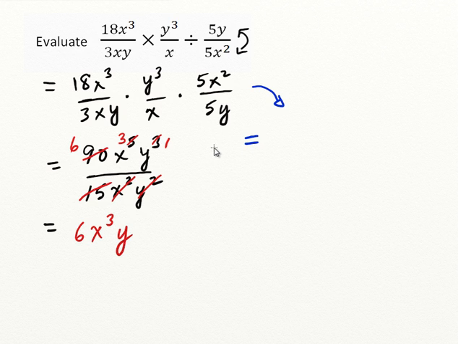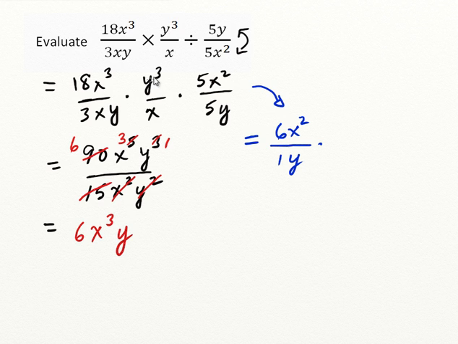And that would allow us to work with smaller numbers. So for example, if I look at the 18 over 3, well, that's the same as 6 over 1. And if I notice that I've got an x in the bottom of the first fraction and an x cubed up top, that would result in just x squared, and then I just have a y in the bottom.